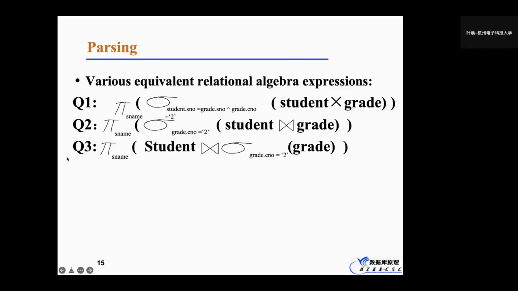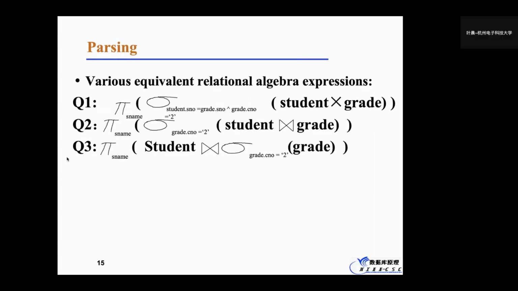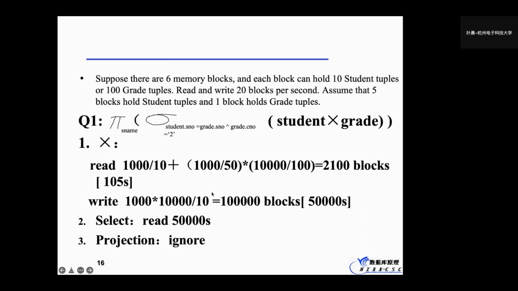You can see these three writings are equal, but their costs are different. Suppose there are 6 memory blocks and each block can hold 10 student tuples or 100 grade tuples, and read and write 20 blocks per second. So assume 5 blocks hold student tuples and 1 block holds the grade tuples.